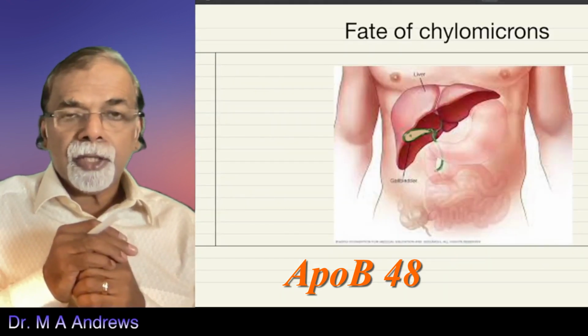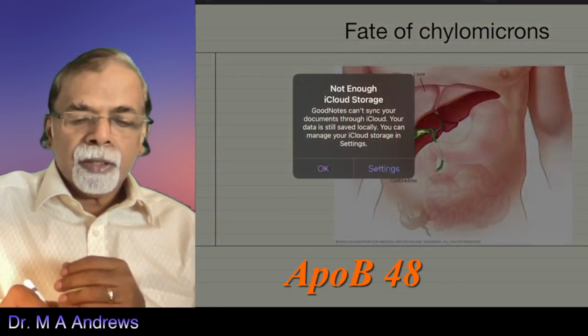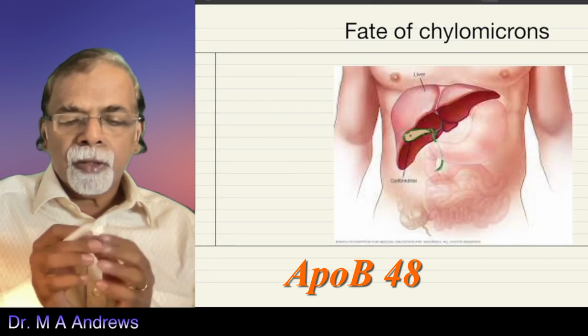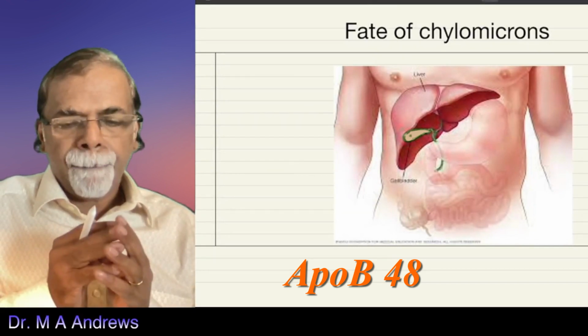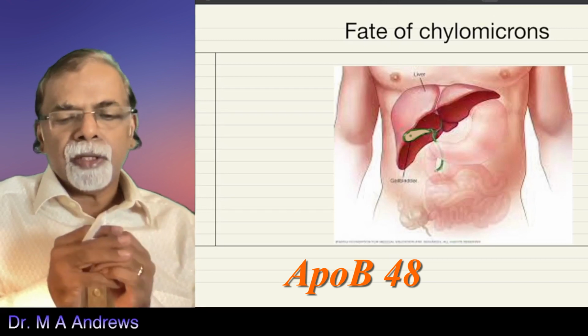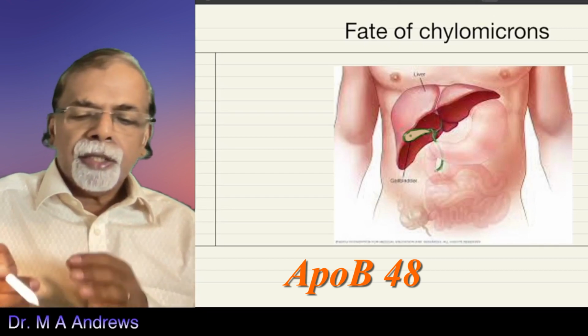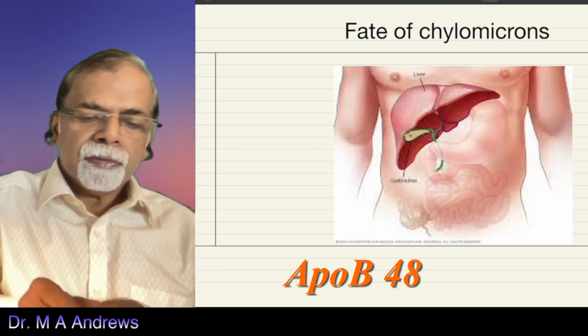Then what happens to the chylomicrons? We have mentioned that the chylomicrons pass through the thoracic duct and reach the systemic circulation at the junction of the subclavian and internal jugular vein, and it finally reaches the liver.